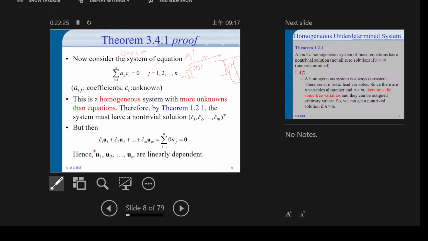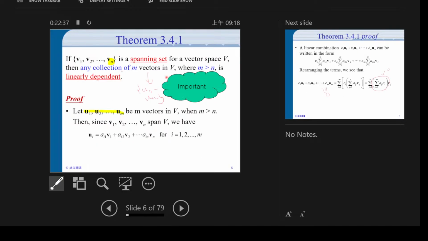We have explicitly shown that u1 to um are linearly dependent. Sorry for the mix up. So this is theorem 3.4.1: if we have more vectors than a spanning set, then this new set must be linearly dependent.